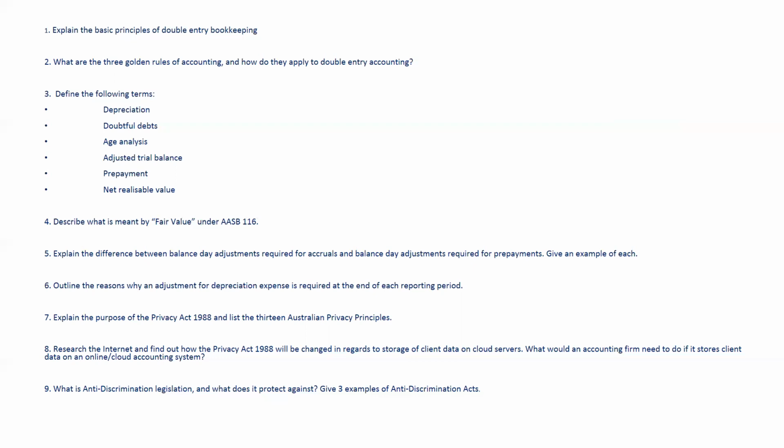So what is depreciation? From a normal point of view, we all know what depreciation is. Suppose you buy an asset today for maybe $10,000, and you're planning to use that asset for the next 10 years.